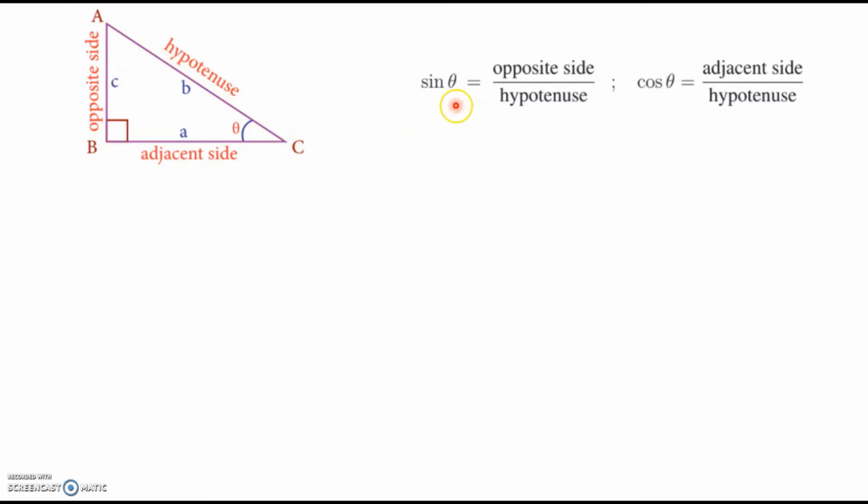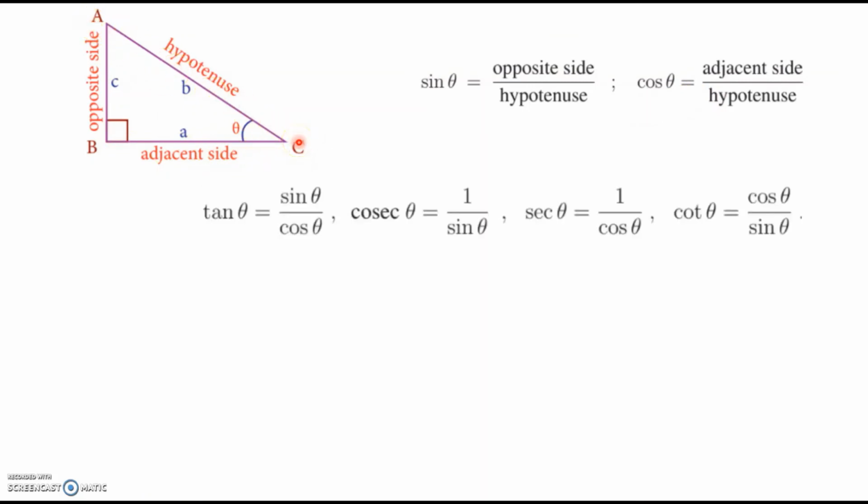Sin theta is the ratio of the opposite side over the hypotenuse, and cos theta is the adjacent side over the hypotenuse. Similarly, we have other trigonometric ratios: tan theta, which is sin theta over cos theta, and three reciprocal trigonometric ratios.